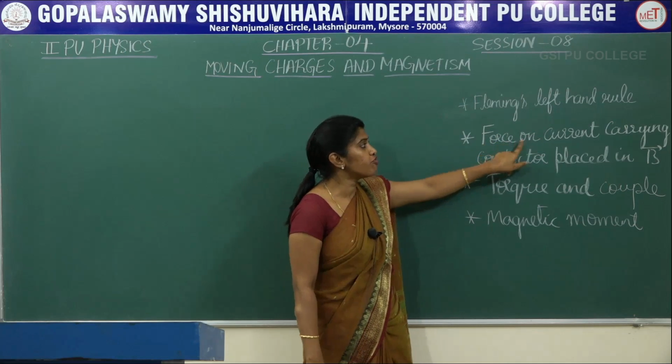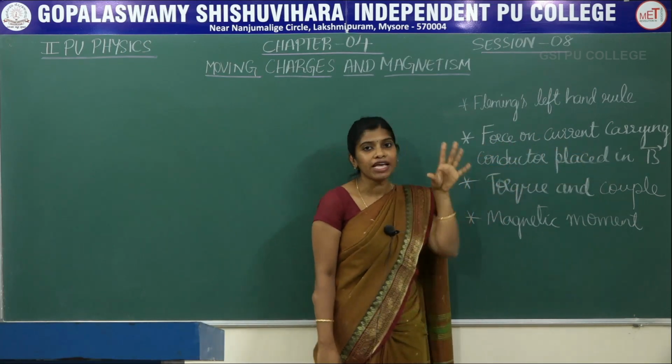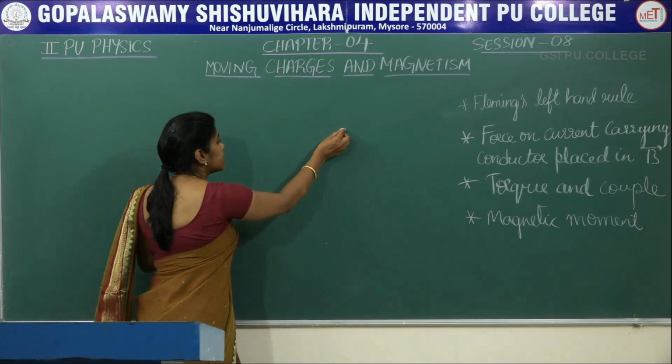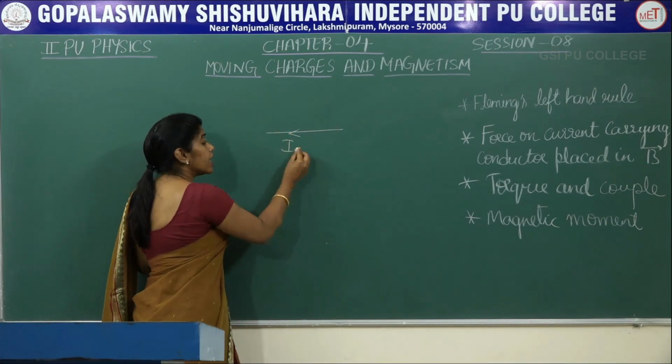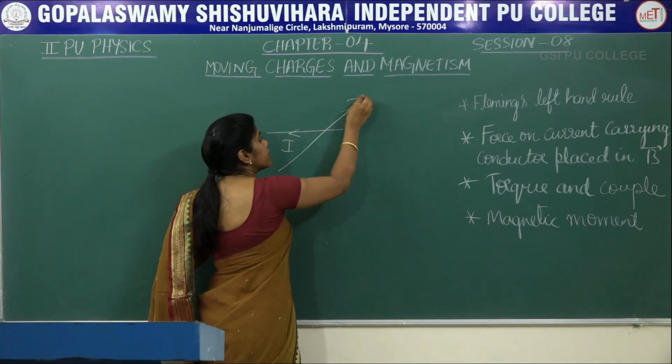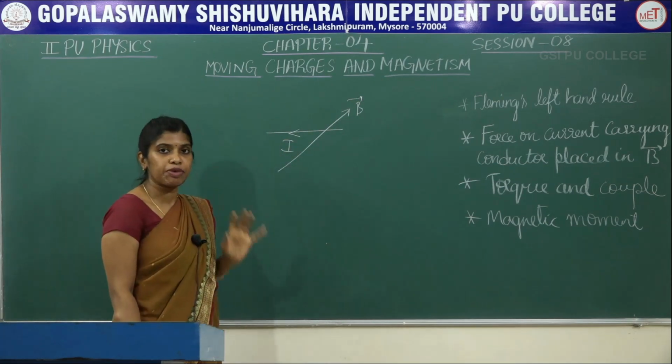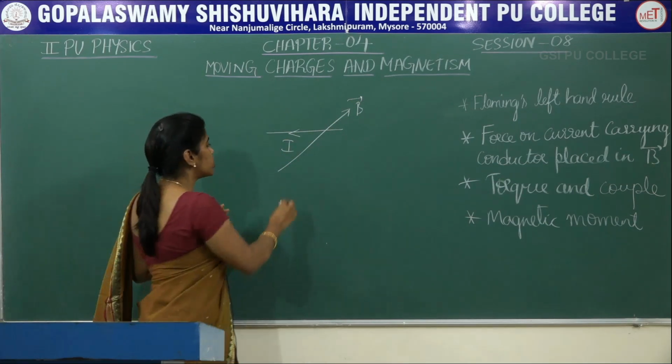Next, what will be the force on the current carrying conductor which is placed in a magnetic field? Now, if I place a current carrying conductor in a magnetic field, then this current carrying conductor experiences a force, and what is the force given by?